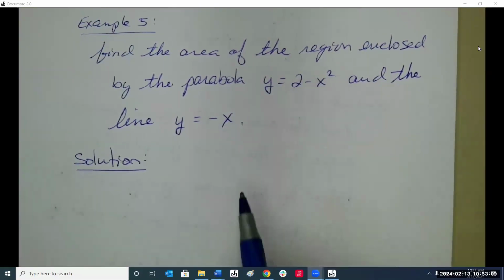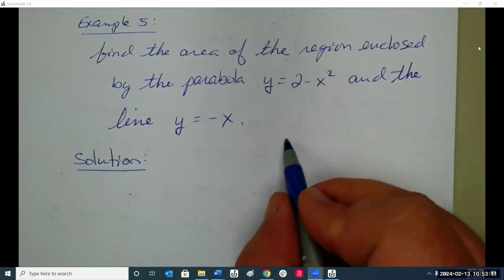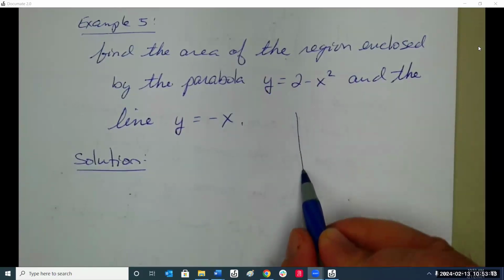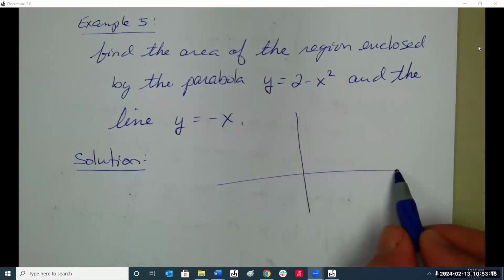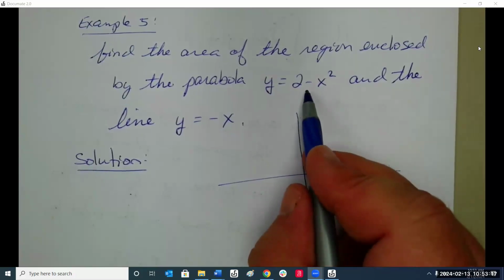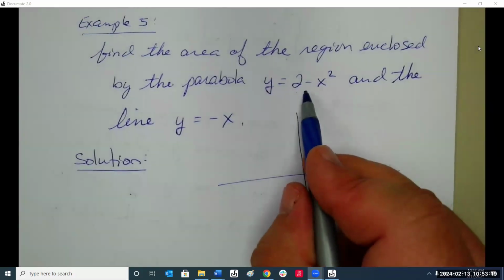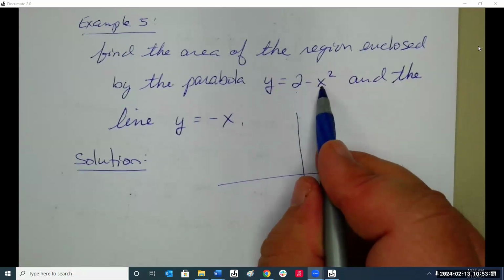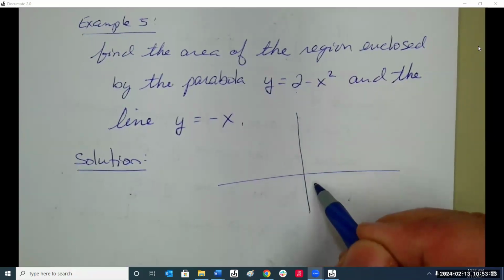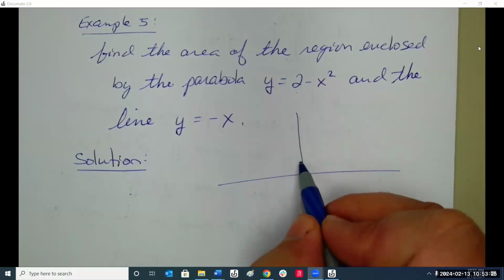Okay, didn't give us any other information. Let's go ahead and graph this function though. First one, 2 minus x squared. So minus x squared is a downward facing parabola shifted up 2.